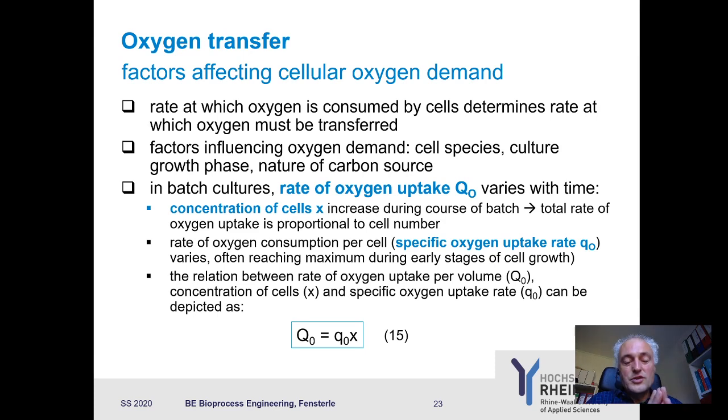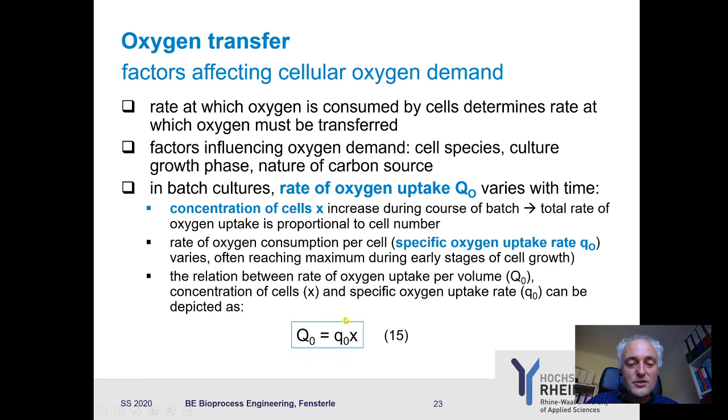First of all, the concentration of cells increases during the course of the batch, and the rate of oxygen transfer is a function of the specific rate of oxygen uptake times the biomass. So of course if your biomass varies, the overall rate of oxygen uptake varies. This is usually increasing, and therefore the rate of oxygen uptake will increase.